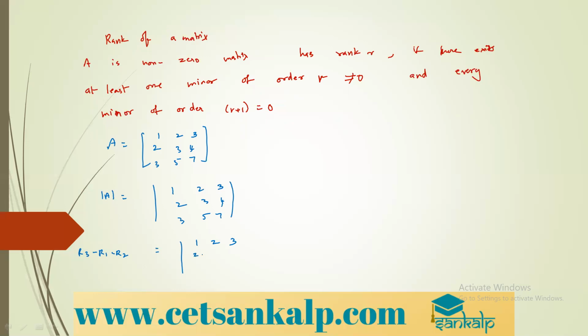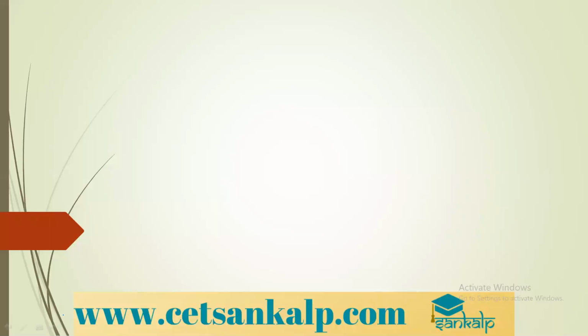So R1 will be same, R2 will be same. 3 minus 2 minus 1, 0. 5 minus 3 minus 2, 0. 7 minus 4 minus 3, 0. After getting this matrix, you can see the determinant of 1, 2, 2, 3 is not 0. That means the rank of the matrix A is 2. This is how you can decide.